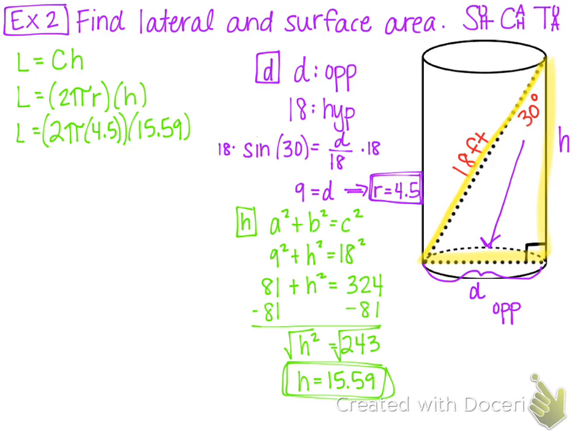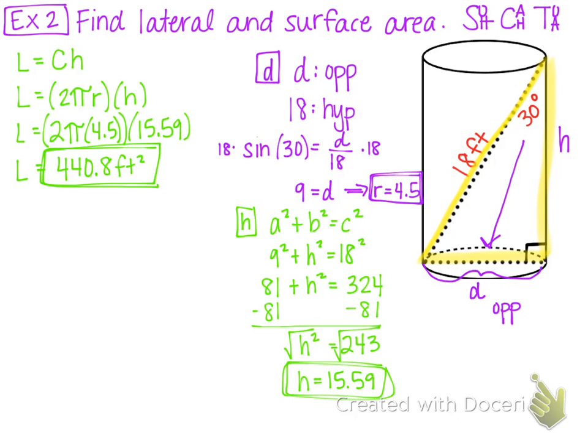Let's put this in the calculator. You can either use the pi button or 3.14. The pi button is way more accurate, so let's use that. We get 440.8. Let's round it to one decimal, and it's feet squared. So that's our lateral.